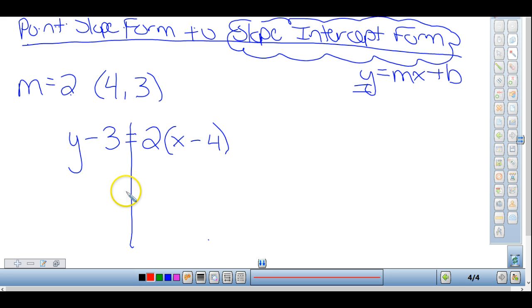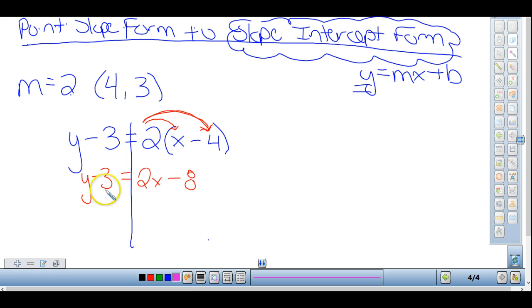Can't add 3 first. The first thing we have to do is distribute. So y minus 3 equals, take 2 times x to get 2x, minus, take 2 times 4 to get 8. So y minus 3 equals 2x minus 8.